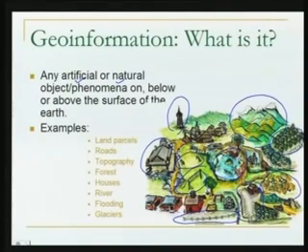So this is all the geoinformation. So whatever you see on the surface of the earth, or we also go slightly below it or maybe slightly above it, is the geoinformation.